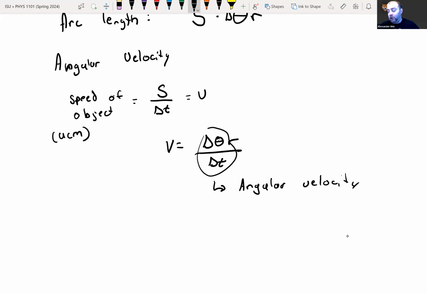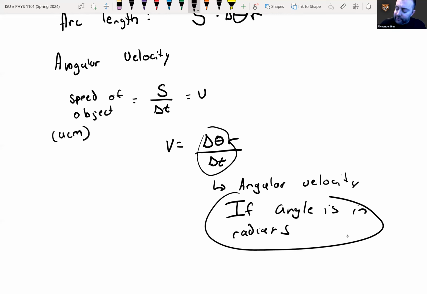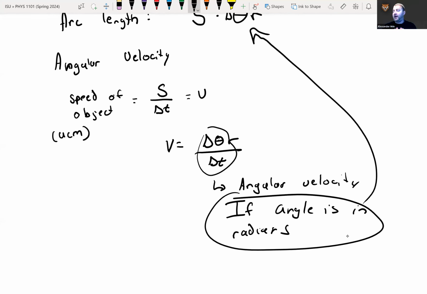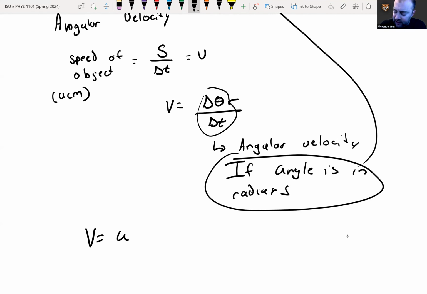So delta theta over delta t is angular velocity, but only if the angle is in radians. The same is true of this one as well. If you are dealing with radians, you can use this formula, v equals omega r. If you're not, you can't. You have to convert to radians first before you can use that formula. That is something important to remember.